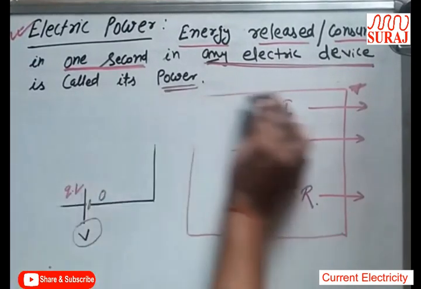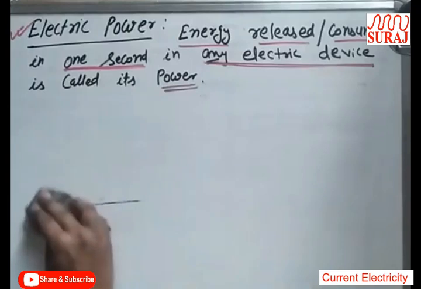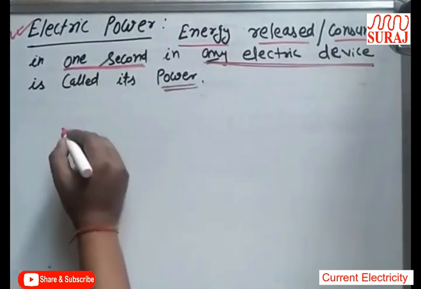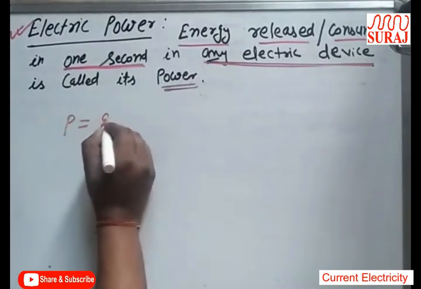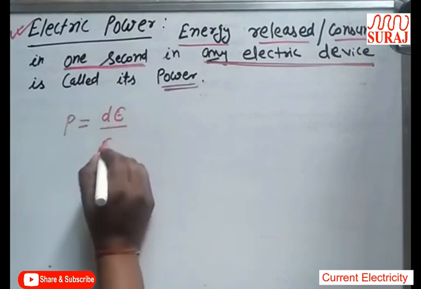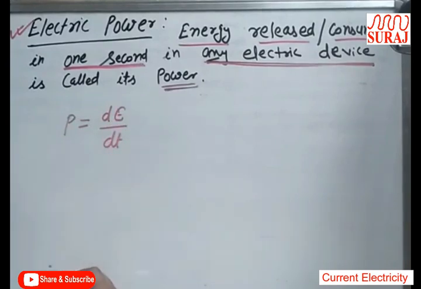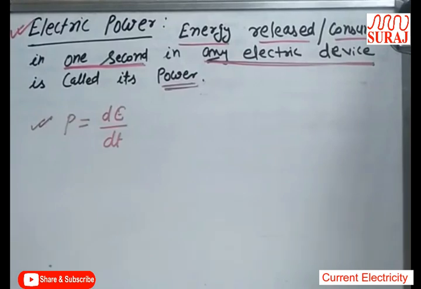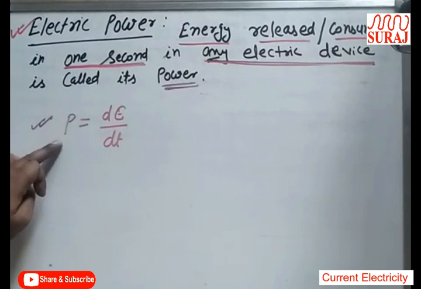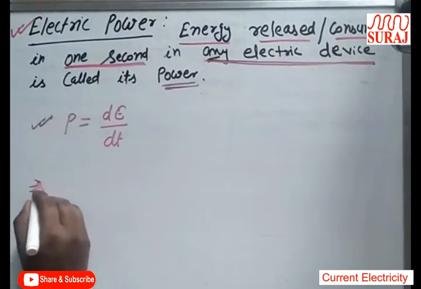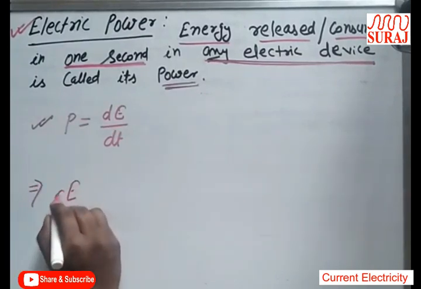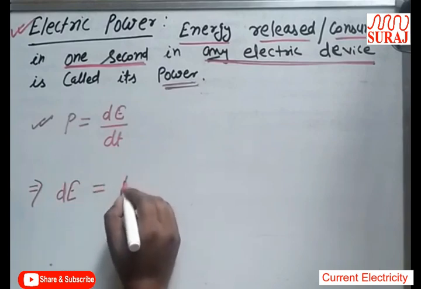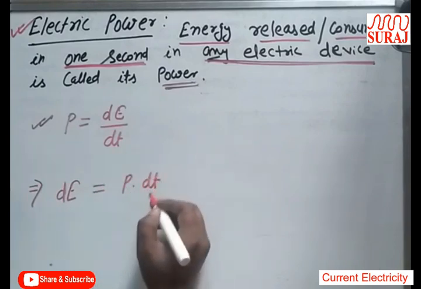Next, we have written the power as dE by dt. So if the power dissipation for any resistance or for any electrical circuit is given to us, then the energy dissipated can be written as P into dt.